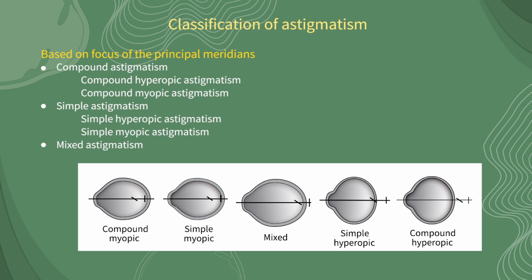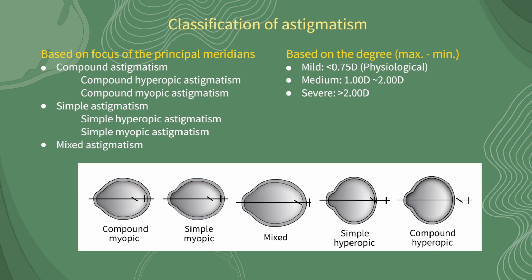If one meridian focuses in front of the retina and the other focuses behind it, the astigmatism is called mixed. The difference of refractive power between the two meridians is called the degree of astigmatism, from mild to severe.